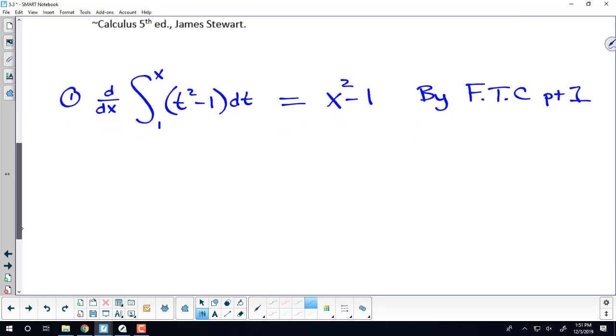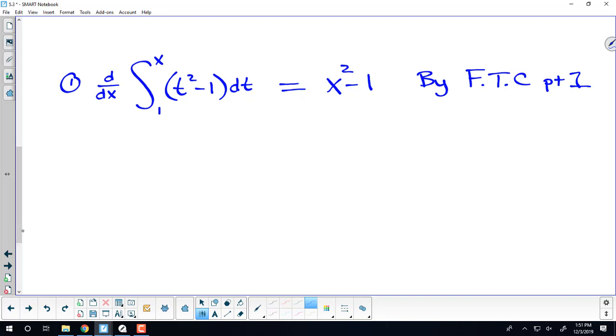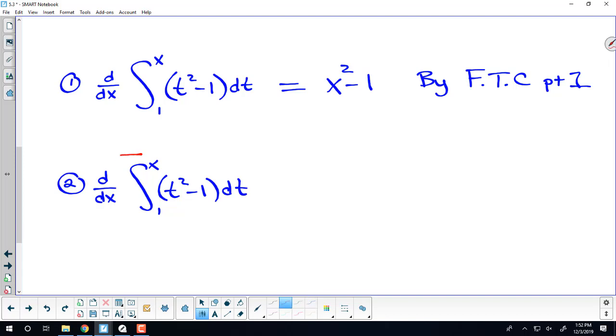But we could also now use the second part of the fundamental theorem, though it's a little bit longer of a process. In order to evaluate this, let us first take the antiderivative of t squared minus 1, evaluate it from 1 to x, and then we'll take the derivative of all of that.